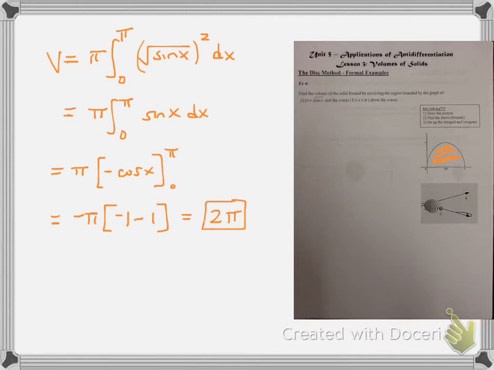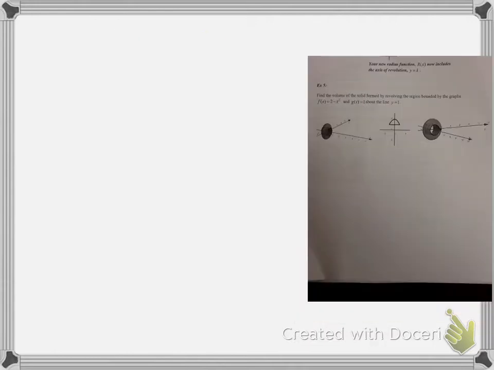Let's take a look at a little bit more of a complex situation. If you turn to example 5, what you'll notice here is we have a slightly different situation. In this case, we are taking a region, and instead of revolving it around the x-axis, we are being asked to revolve it around a specific line, in this case y equals 1.